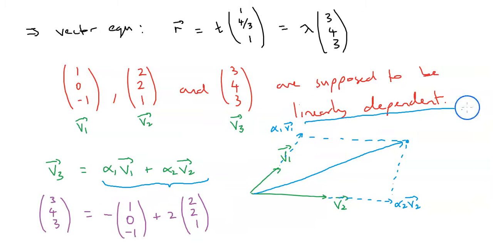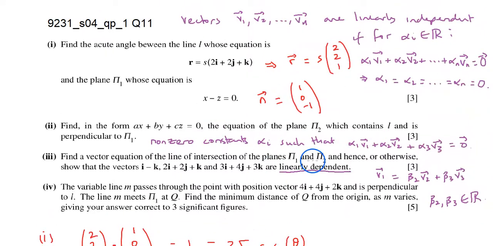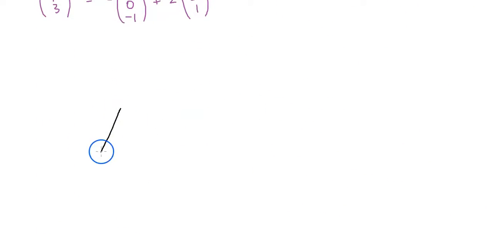Let's look at the situation geometrically as well, because I think the question is encouraging us to use the information that we've collected so far. So let's write down what we know so far. Let's suppose that this is our plane pi 1.